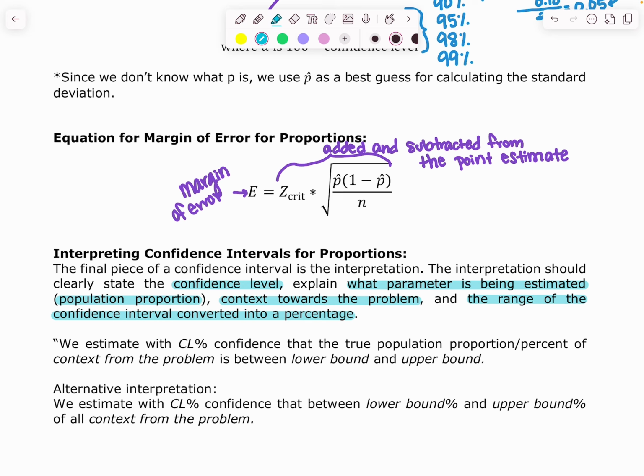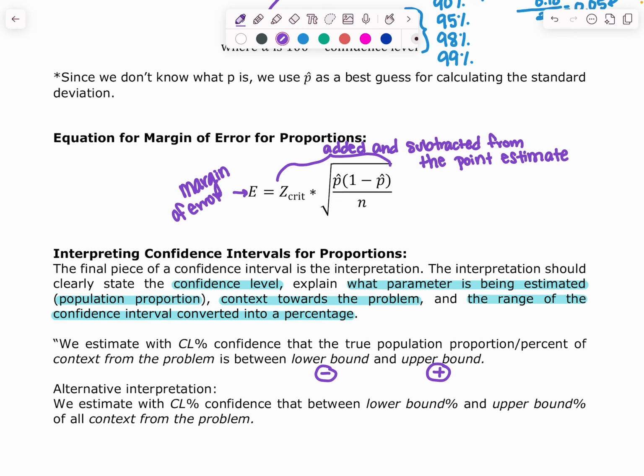So we estimate with a given percentage of confidence that the true population proportion or percent of whatever it is we were looking at is between the lower bound and the upper bound. The lower bound is calculated from doing the subtraction, and the upper bound is calculated from doing the addition.